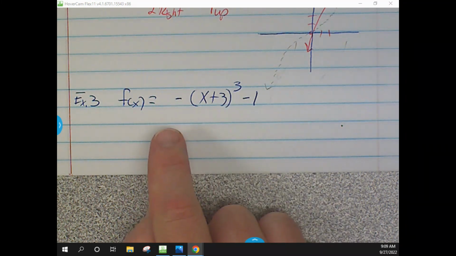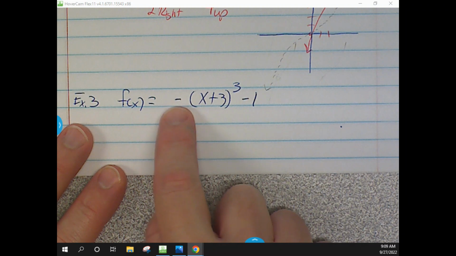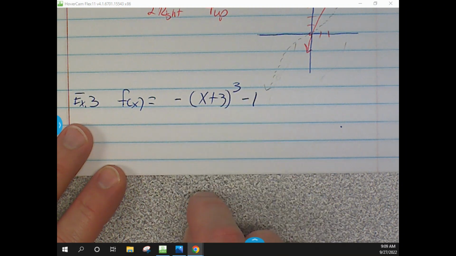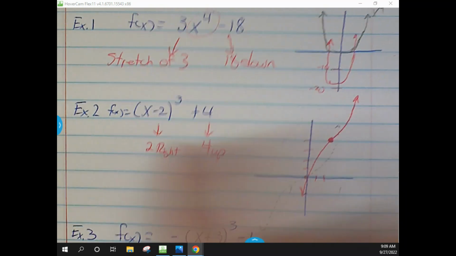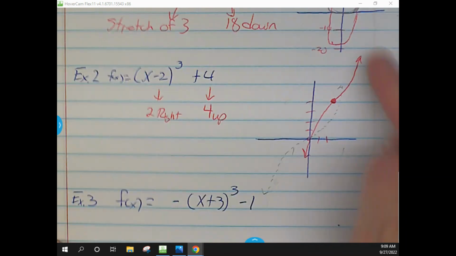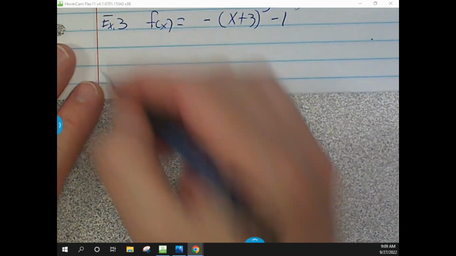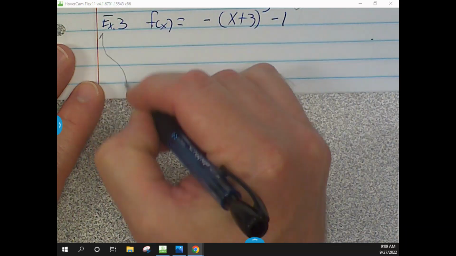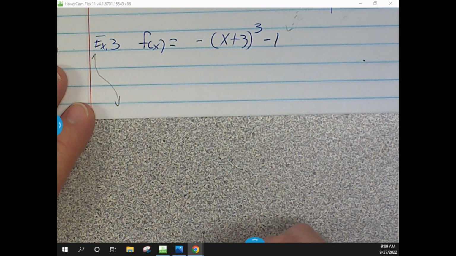Now this is kind of where you can go back to your end behavior. If we know it's a negative x to the third, what's the end behavior have to be? Yes, it's the opposite of this one, correct? Because this was a positive x to the third: the right side was up and the left side was down. So if you know the end behavior before you do anything, you know it's got to look something like that: the left side is going to be up and the right side is going to be down. It's just a matter of getting it in the correct place.